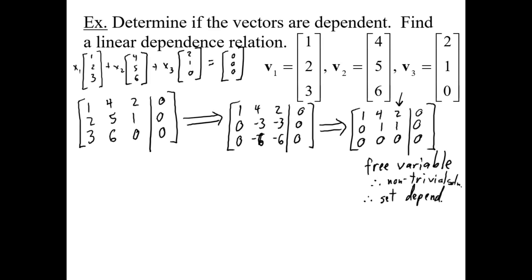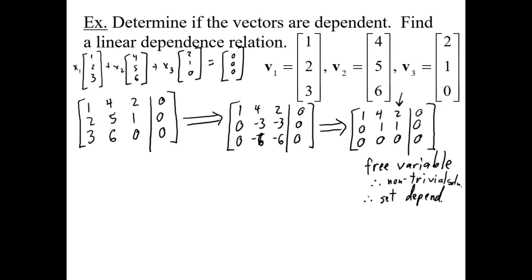Trivial solution means all the coefficients have to be zero. So non-trivial means that there are some coefficients that will work, which means that the set of vectors is linearly dependent. That's great, and that's one of the questions.